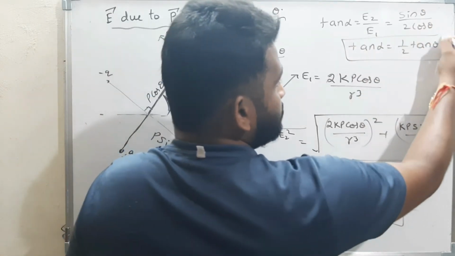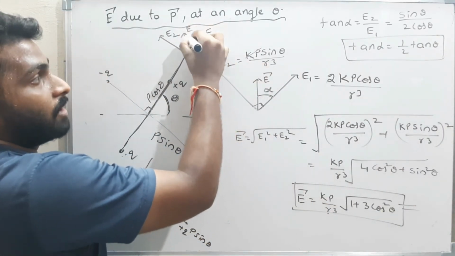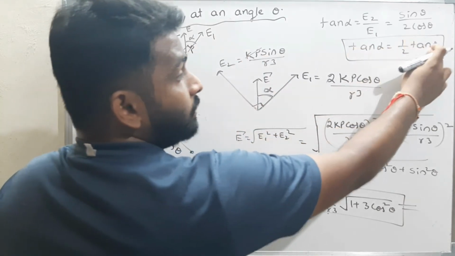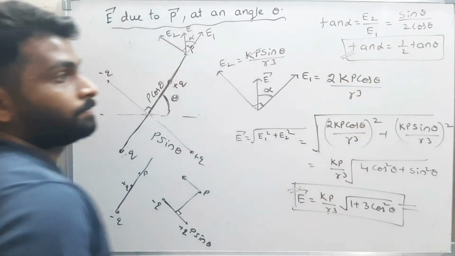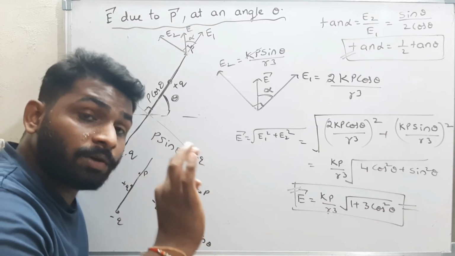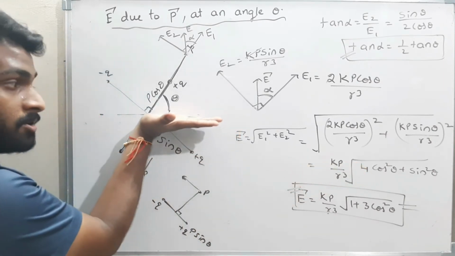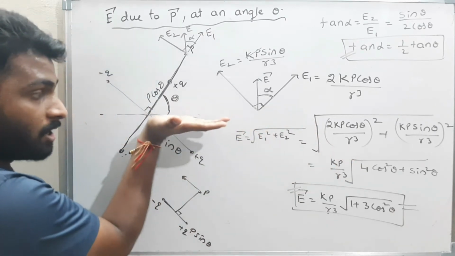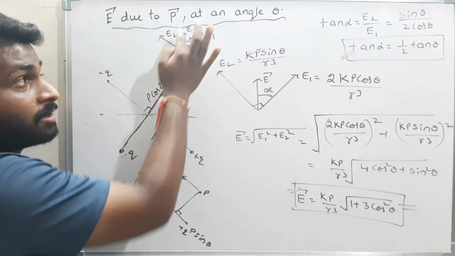This is one relation. Please remember this. The resultant is making some angle alpha with E1, and tan alpha is equal to 1 by 2 tan theta. This one you have to remember, and this one you have to remember. That's all. And one more thing, if they ask you to find the angle made with the horizontal, these are horizontal. Or if they ask you to find the angle made with the initial dipole, these are dipole. What is the angle made by the resultant?